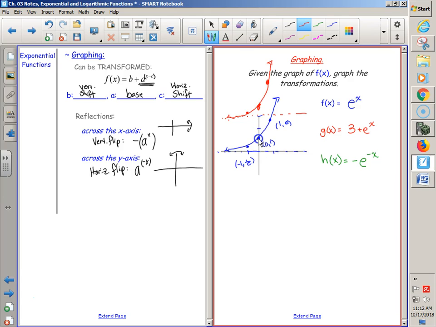And then if you were to have something like this guy, oh man, 2 flips, horizontal and vertical. I could take each of these points and say I have to flip it horizontally, flip the x sign, and vertically flip the y sign.